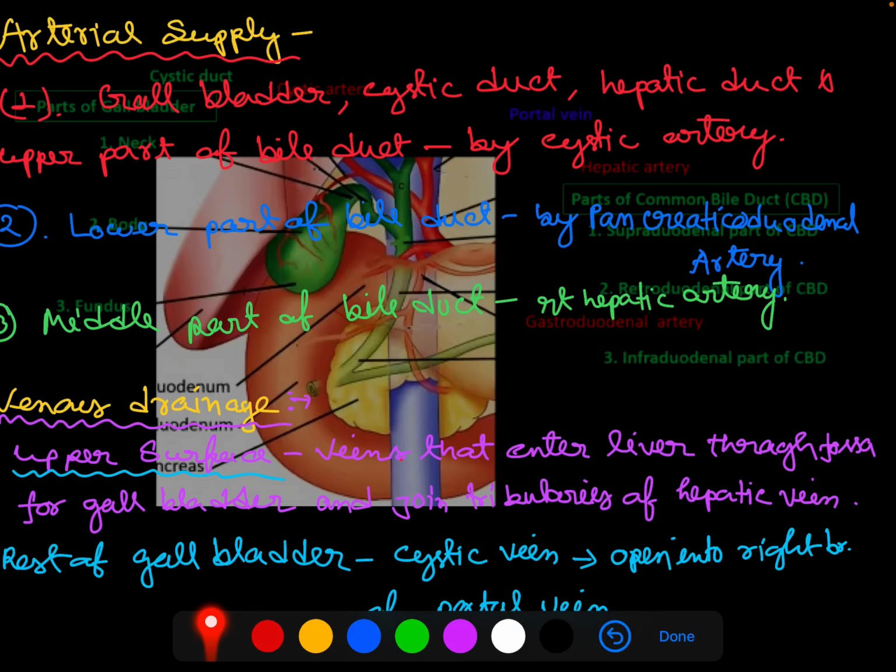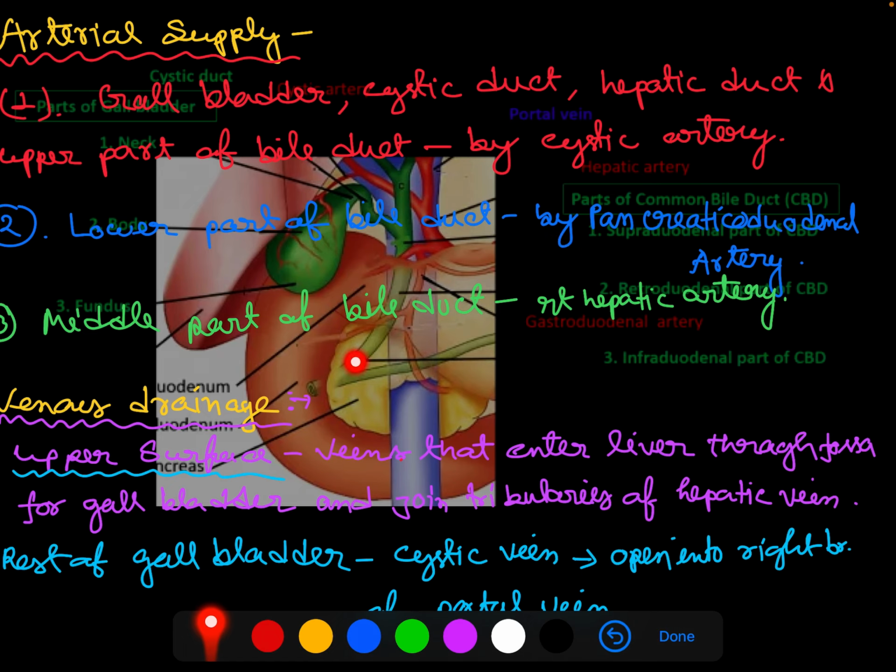Then the arterial supply of the extrahepatic biliary system. The gallbladder, cystic duct, hepatic duct, and the upper part of the bile duct are supplied by the cystic artery. This is the gallbladder, hepatic duct, cystic duct. The lower part of the bile duct is supplied by the pancreaticoduodenal artery.